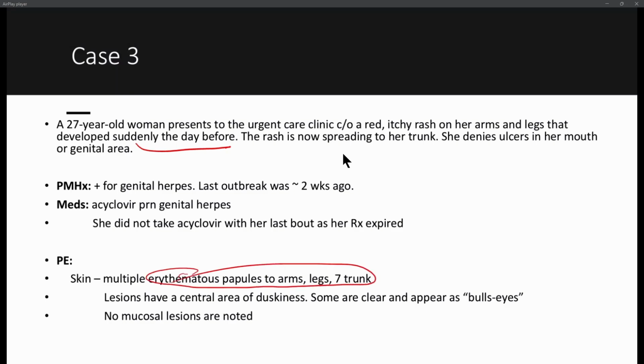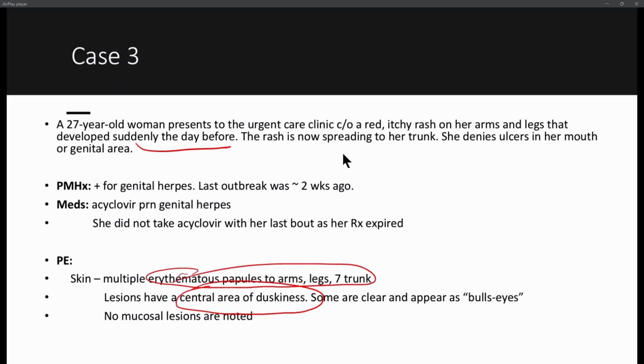Lesions have a central area of duskiness. That means that the inside became necrosed. And that's why it's dusky compared to the red outside. Gives you those bullseye or target type lesions. No mucosal lesions are noted. Again, only the skin, not the mucosa.